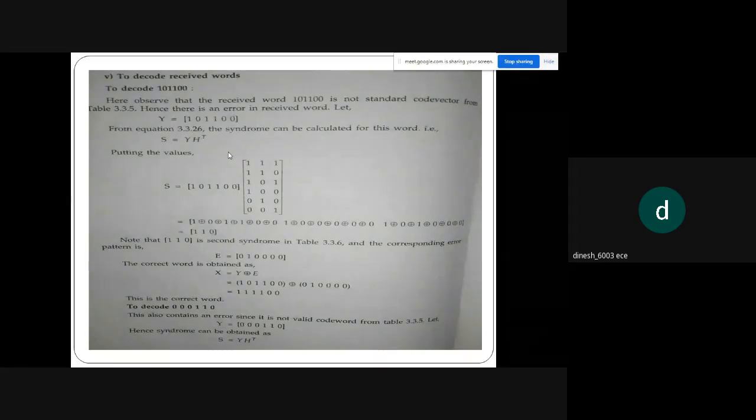Write it as it is: 1 0 1 1 0 0. Since it is your received code vector, write it as y. So y is equal to 1 0 1 1 0 0.